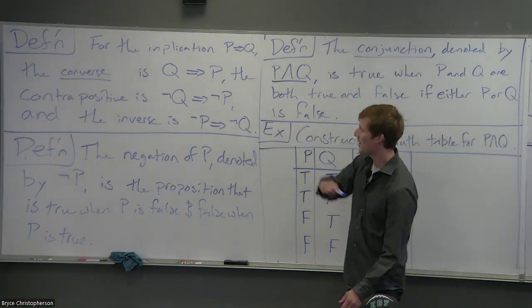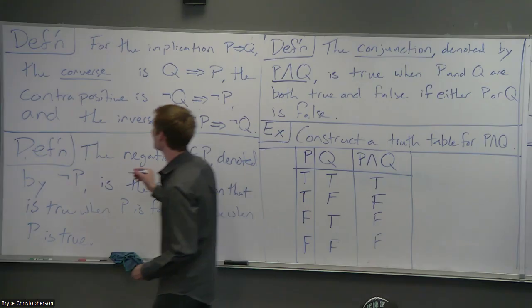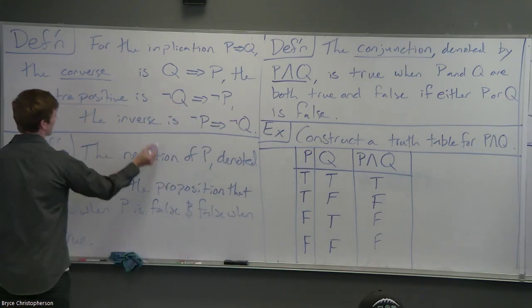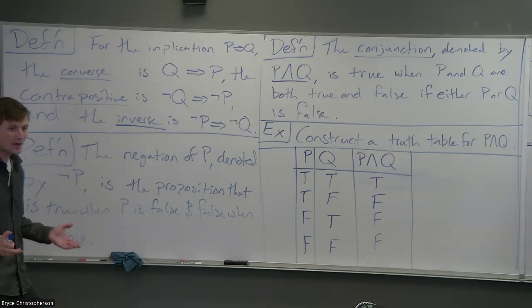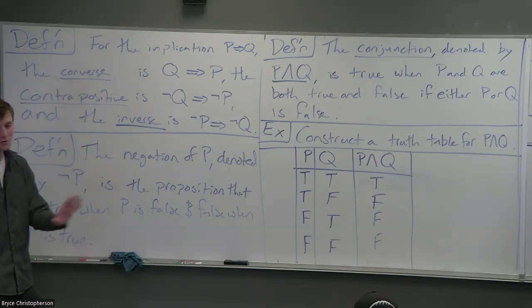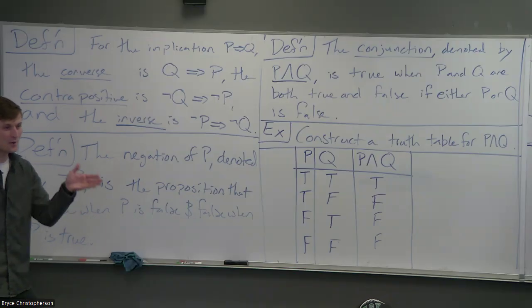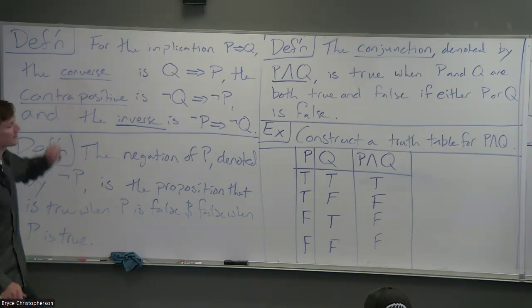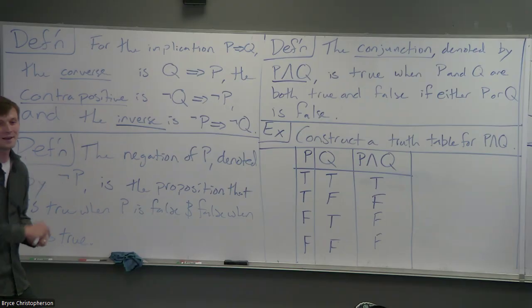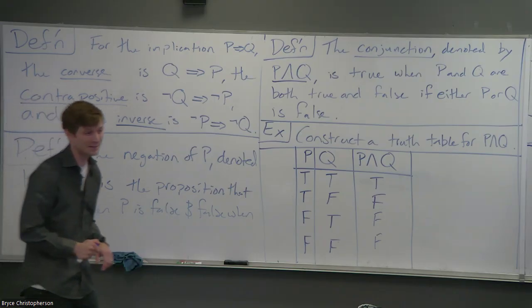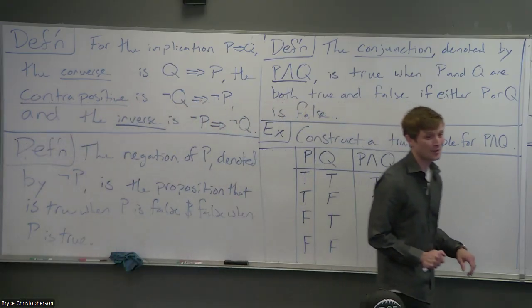Okay. We can look at these related implications, the converse, contrapositive, and inverse. Okay, let's go through them. So let's use the example of if it is snowing, then it is cold. The converse of that statement is: if it is cold, then it is snowing. You can tell immediately that the converse is not necessarily the same as the original implication.